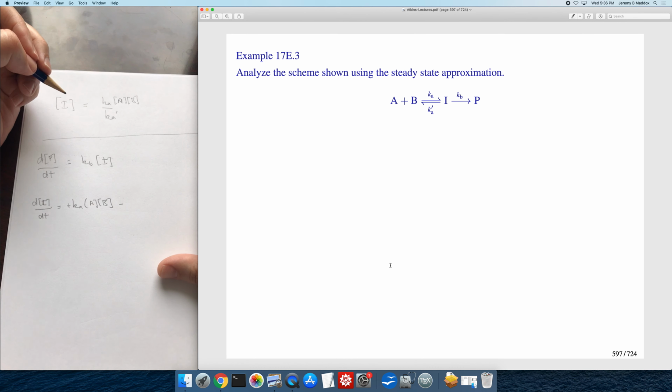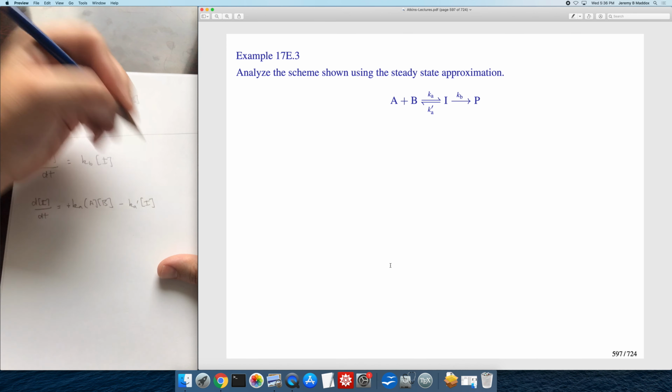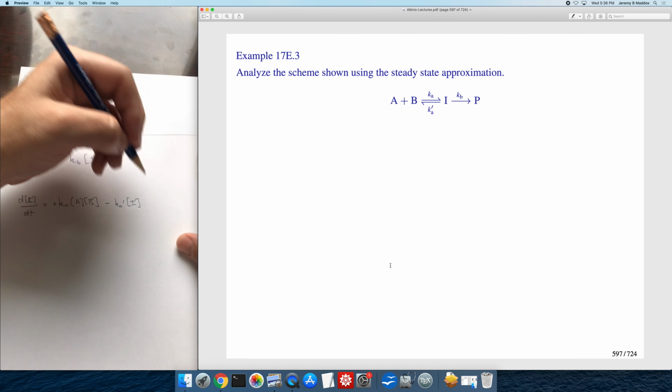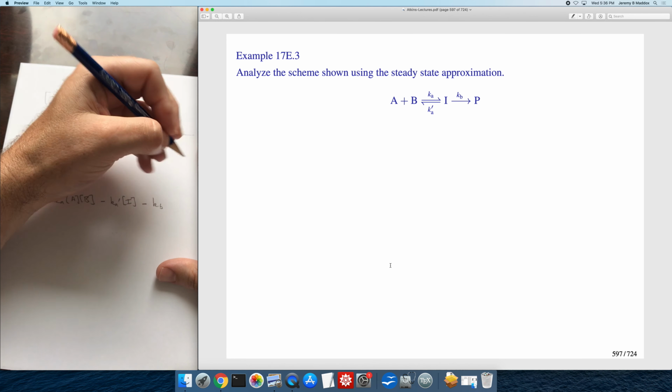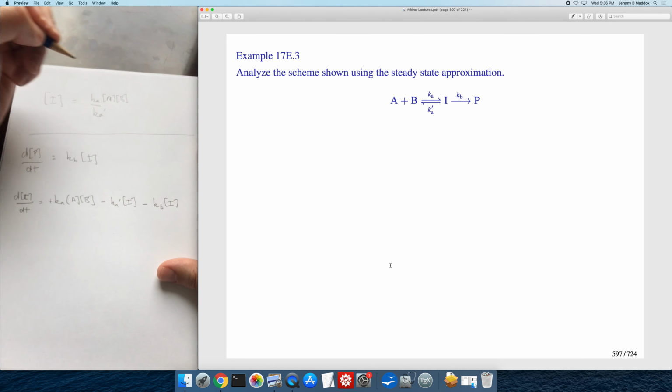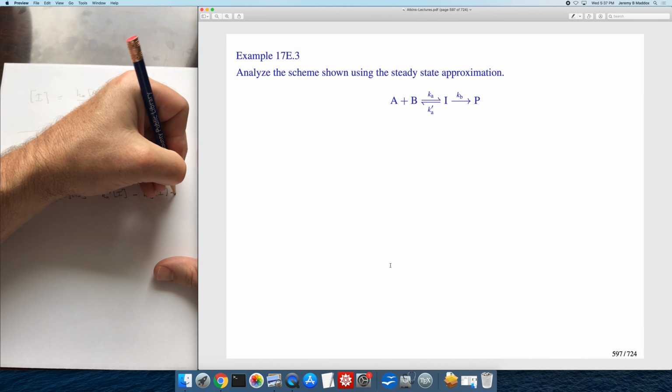The reverse step consumes it, and that's unimolecular. And then the final step also consumes the intermediate. Okay, so in the steady state approximation, we just say that that's 0.